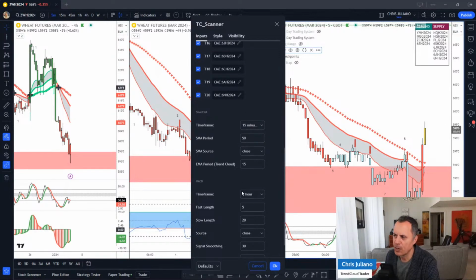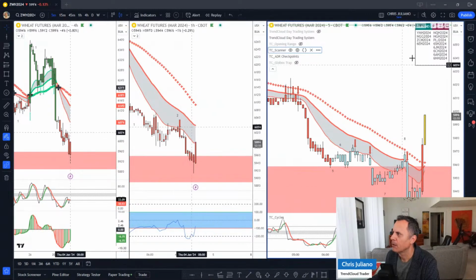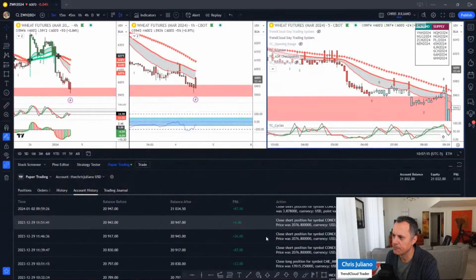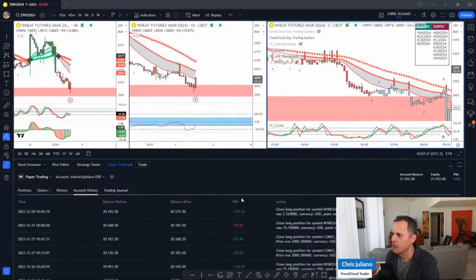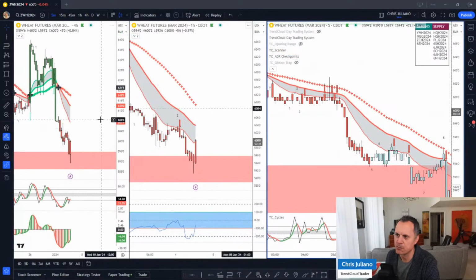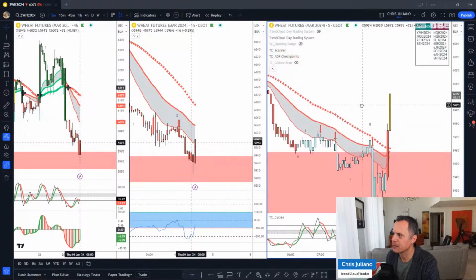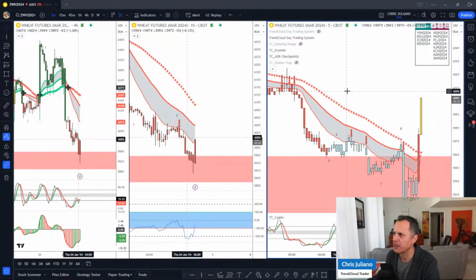When you put the 15 and the 1 hour, it will produce very nice signals on your 5-minute chart here. And those signals are working out very well, okay? So I'm going to make sure that I get on this earlier tomorrow for you guys, so that we can start to take some of these trades.